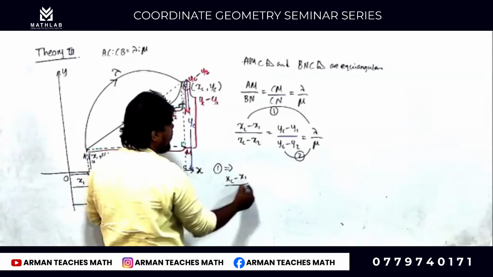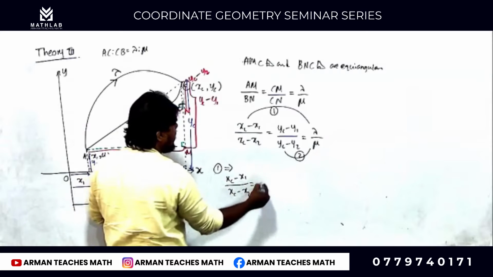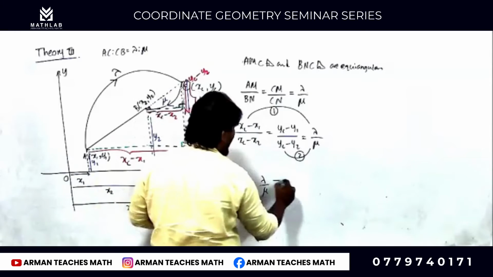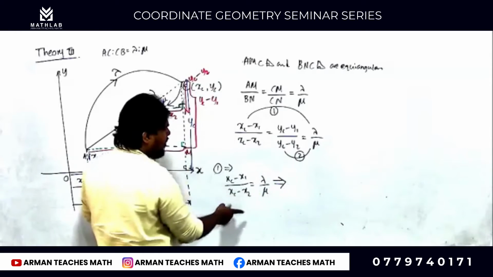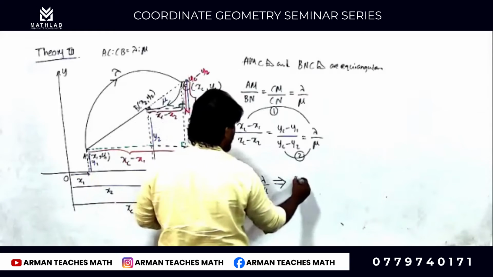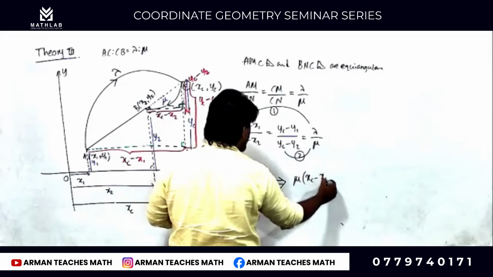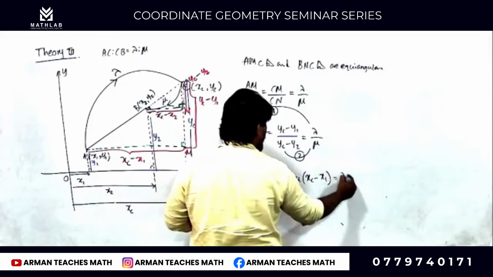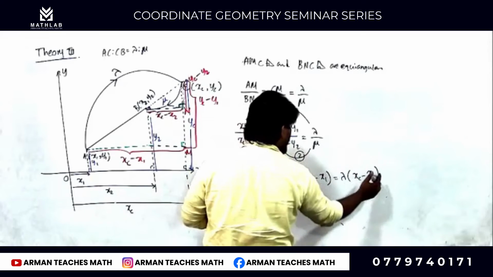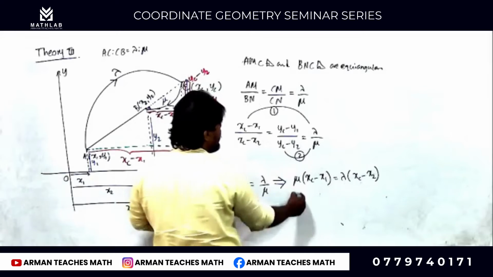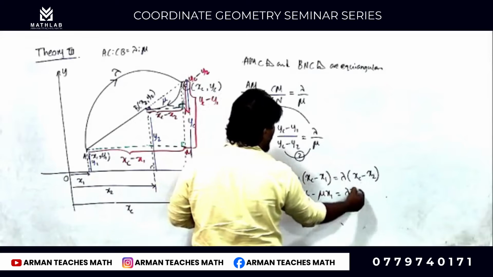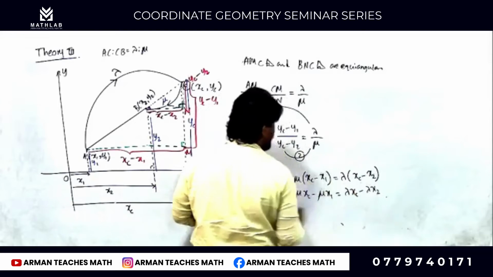XC minus X1 over XC minus X2 is equal to lambda over mu. Do a cross multiplication. I'll put an arrowhead and write in front of it, because if I write below this one, the students in the physical class can't see. So mu times XC minus X1 is equal to lambda times XC minus X2.